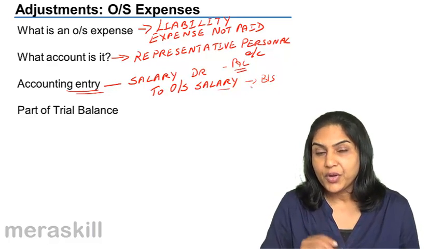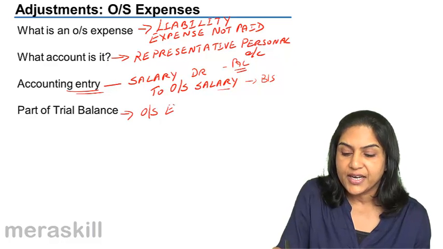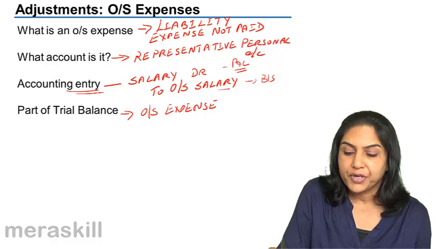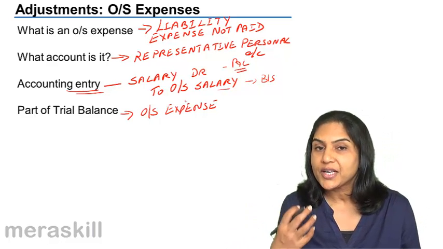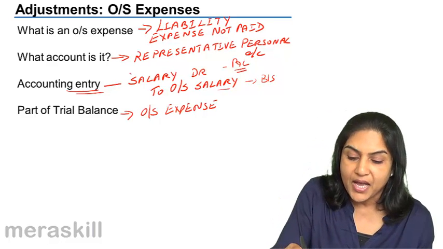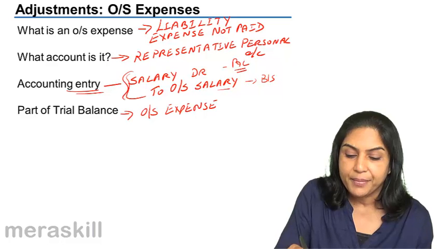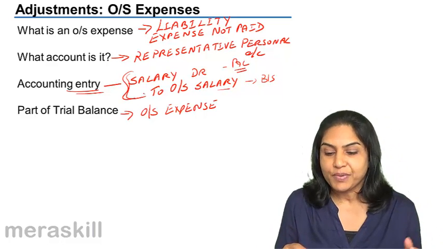If we were to find any outstanding expense in the trial balance, what does it imply? It implies that the accountant has passed the entry salary account debit to outstanding salary account. So he has increased the expense account.